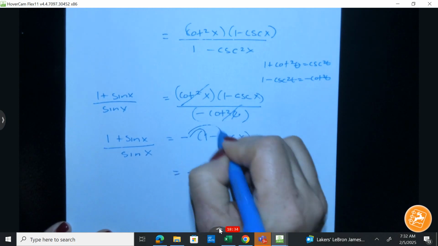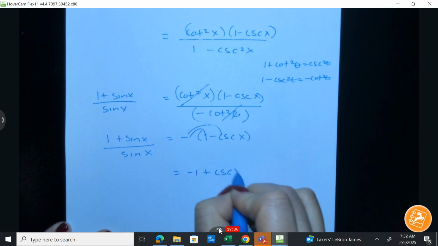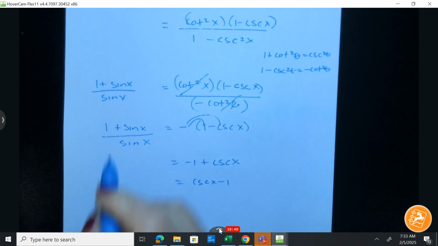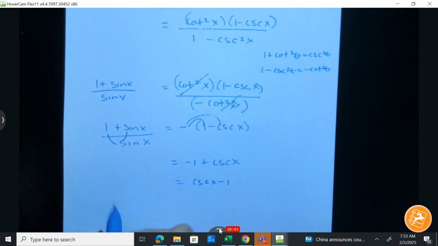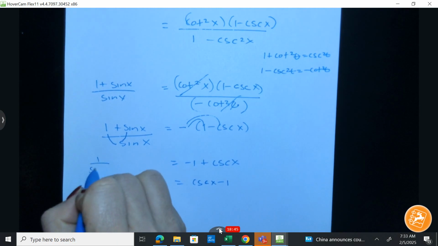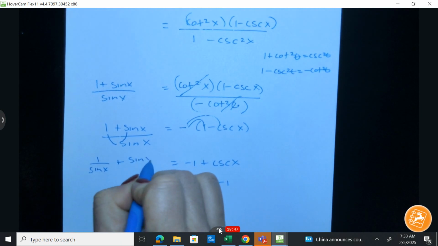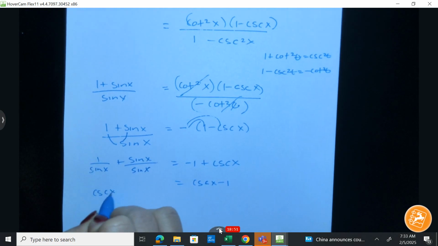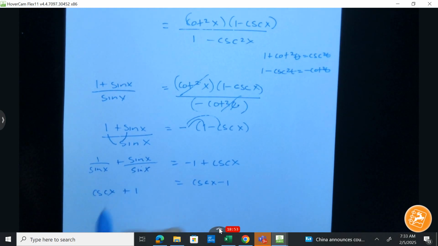I get negative 1 plus the cosecant, or that's the same as cosecant minus 1. So that's what I have on the right-hand side. I'm going to share the sign with both the left and the right. So I have 1 over the sine of x plus the sine of x over the sine of x. 1 over the sine of x is the cosecant, and sine over sine is 1.